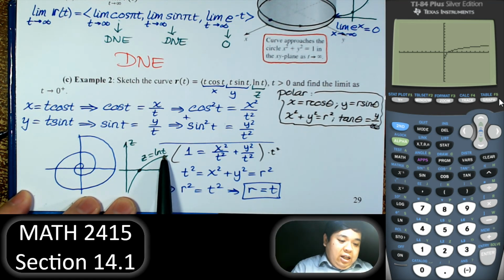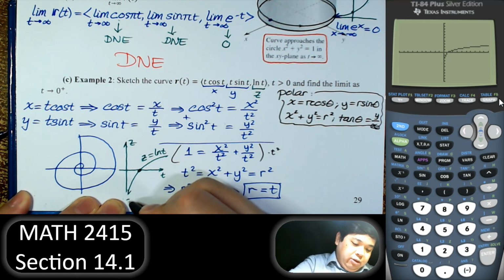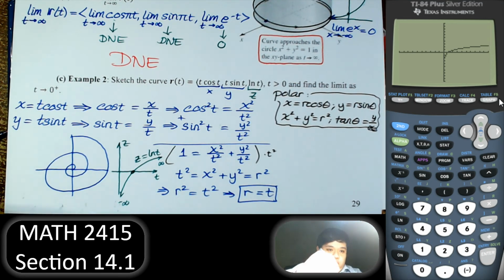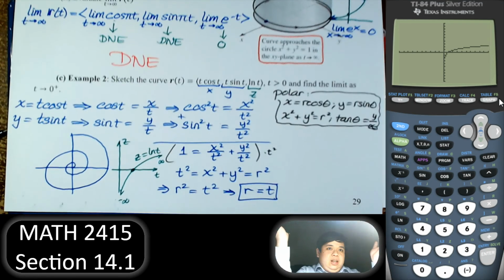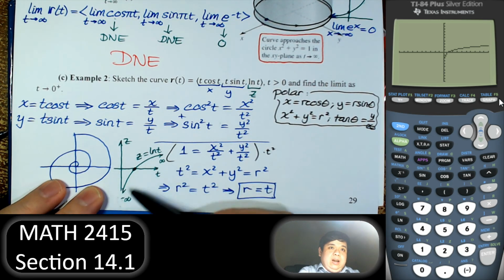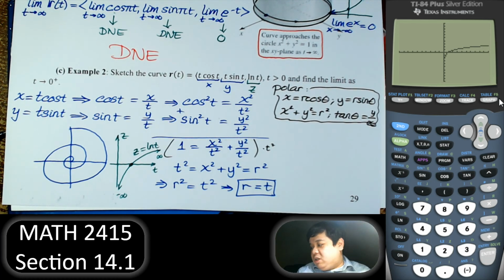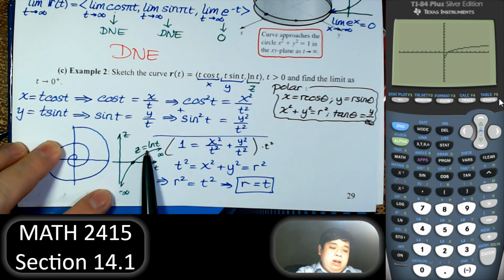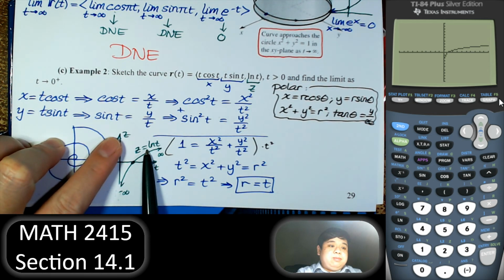Ln of t, as t goes to 0, will go to negative infinity. So this goes to negative infinity, and this side goes to infinity. So what we have is a spiral with the z values increasing like that. So what does that look like? When we have the spiral, the bigger the t, the further away from the z-axis, right?